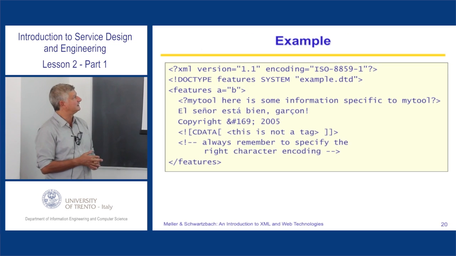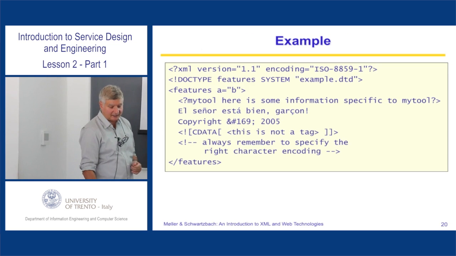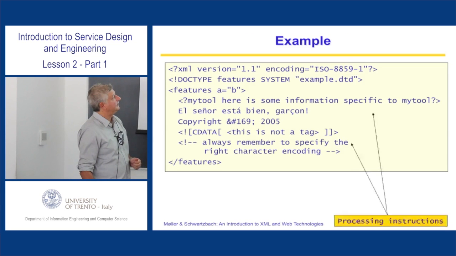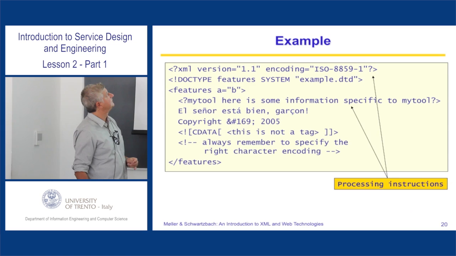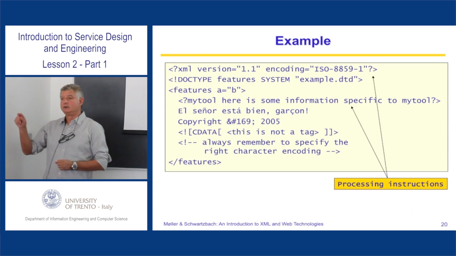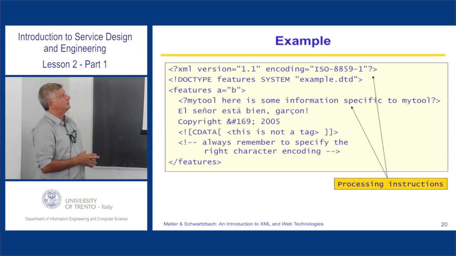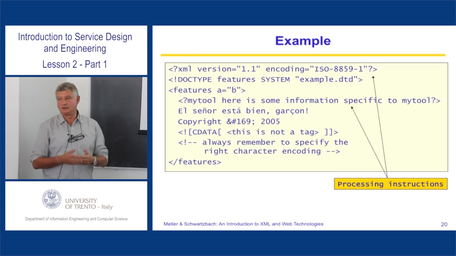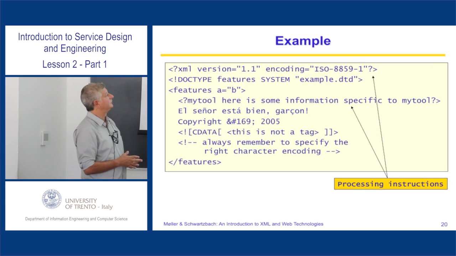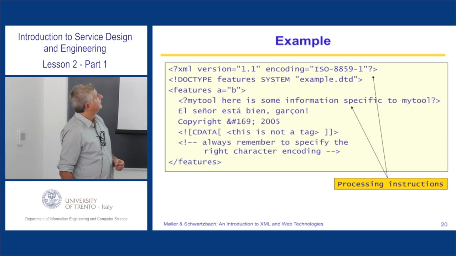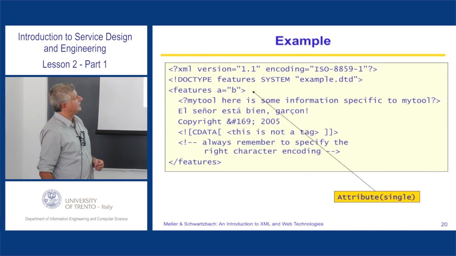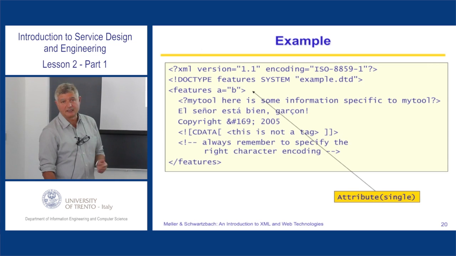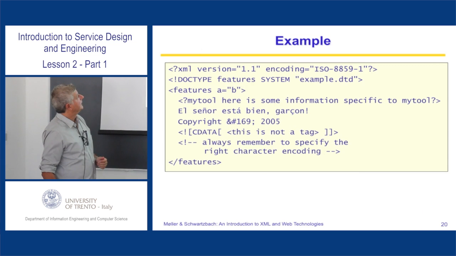So here is just a wrap up of all the possible nodes. It's not a very interesting example of XML, but essentially what we have here are processing instructions. These are all the ones that start with the question marks, typically giving information about the versioning, and also if you have some libraries that you're using, it's where you want to put them. Then we have some attributes. This is a single attribute that is applied to the generic page.